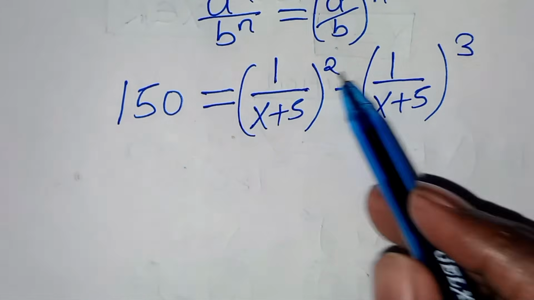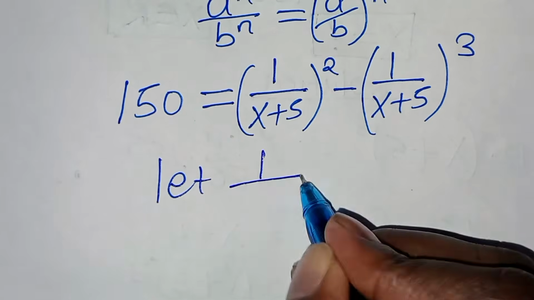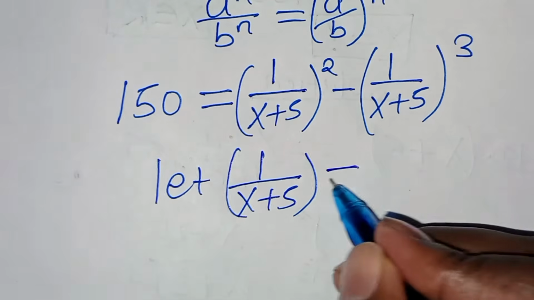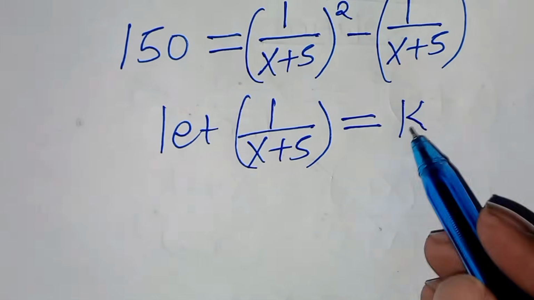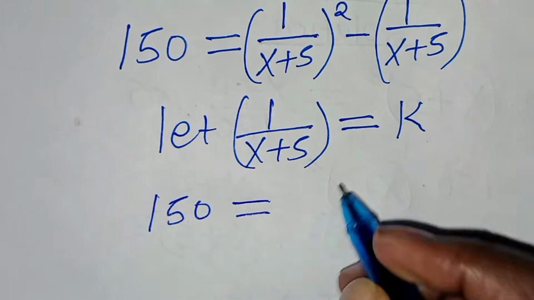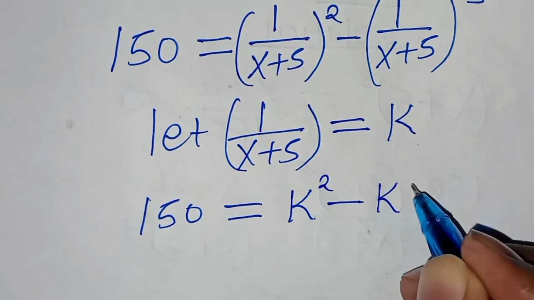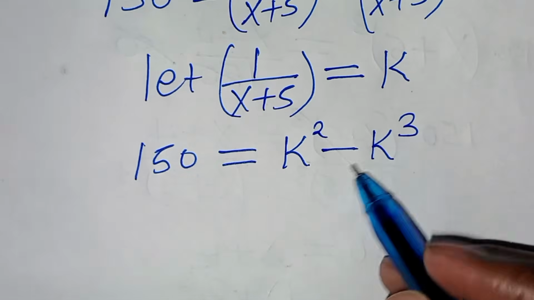Now, this is interesting in a way that we can say let 1 over (x + 5) be equal to k. Substituting the value of k here, we will have 150 is equal to k squared minus k to power 3. So we can rearrange this equation.